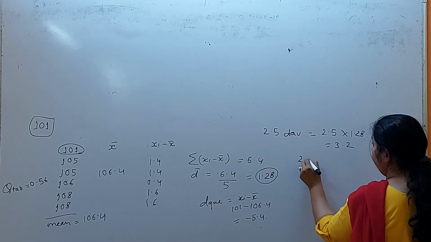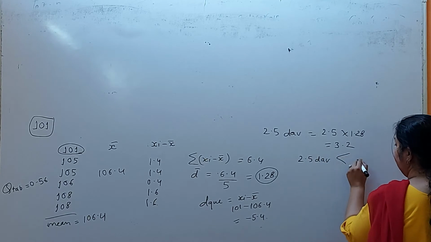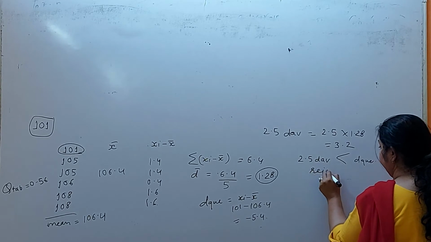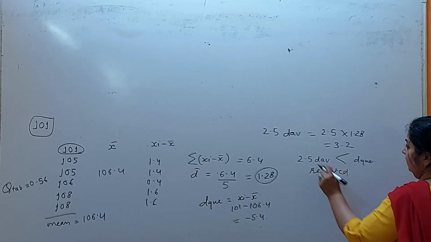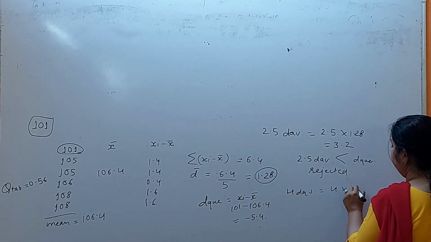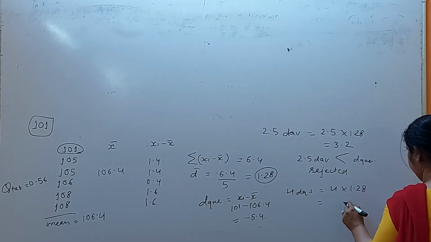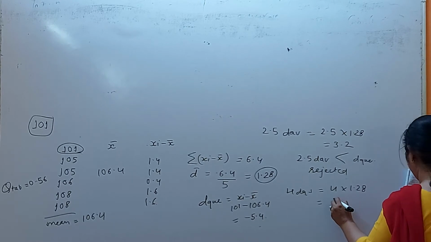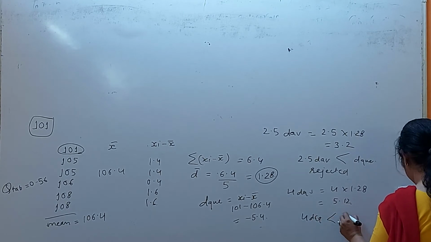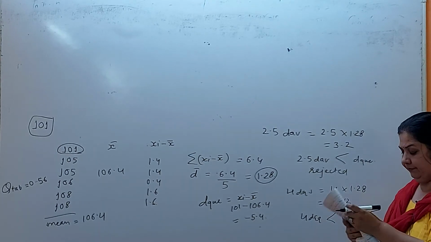So 2.5 d average is less than d questionable, hence rejected. For 4D, 4 d average is 4 into 1.28, which comes out to be 5.12. So 4 d average is also less than d questionable, hence it has to be rejected.